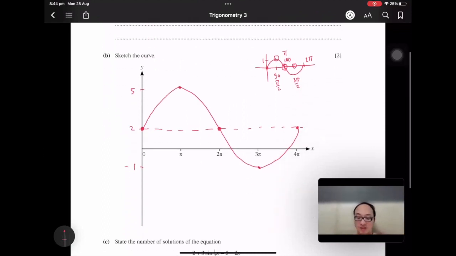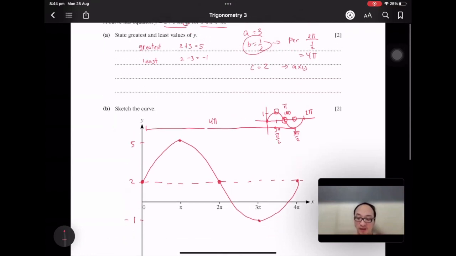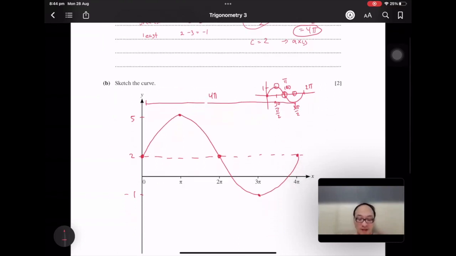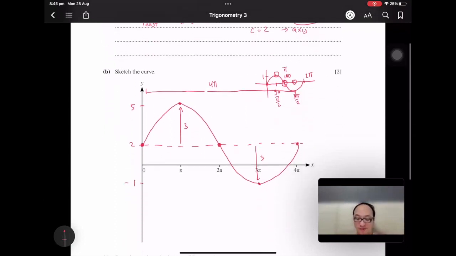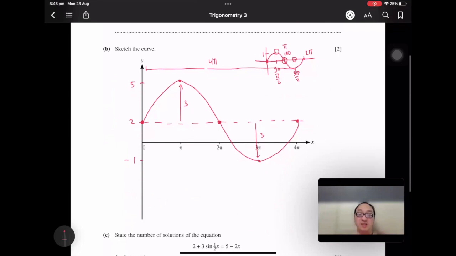From here we can see that the period of the graph is 4 pi, which equals our calculation. And the amplitude here is 3, because it started with 3. So that's the sketch of the curve.